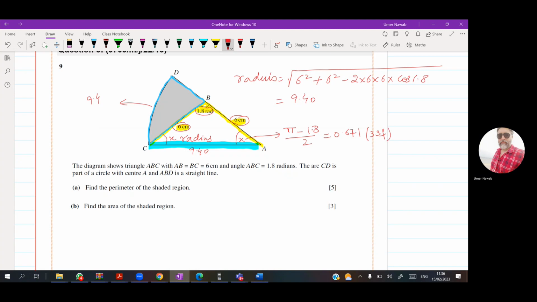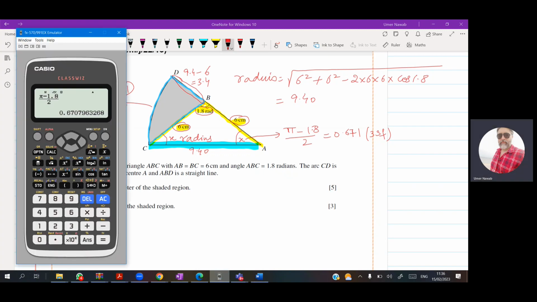Wow. I'm ready to find the perimeter. Theta I found is 0.671, so this is my arc length, with radius 9.4. The straight part should be 9.4 minus 6, which will be 3.4. Clear?